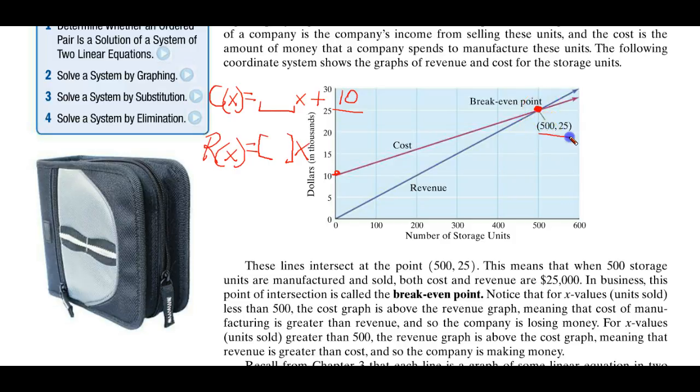Well, that this ordered pair would be a solution for your cost function, and would also be a solution for your revenue function. This is where they intersect. This is a break-even point. That above it now you're going to make more money, and in a sense this is profit up here, than your actual cost. And that's what they're describing here, the break-even point.